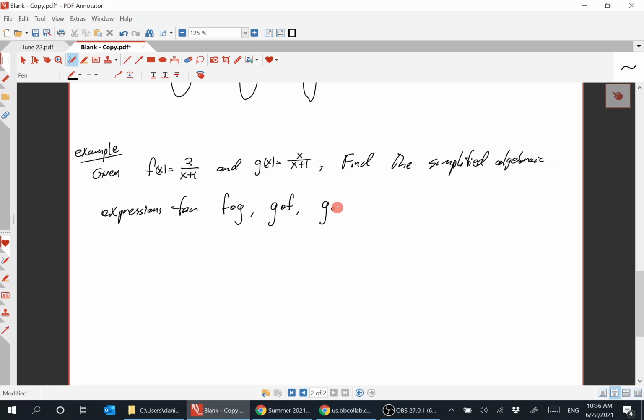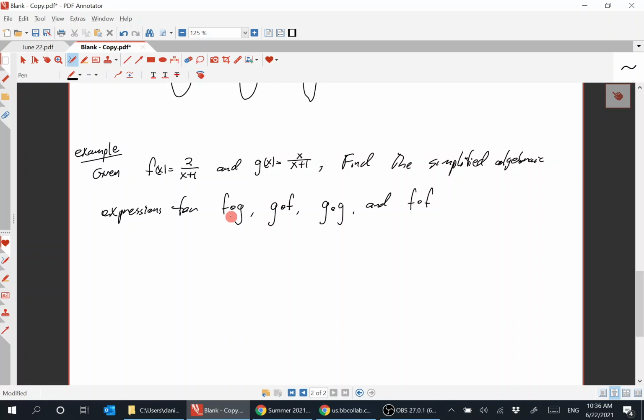We'll also do g following g, and we'll also do f following f. So you can compose functions however you want. You can compose a function with itself. You can do f following g, and you can do g following f.